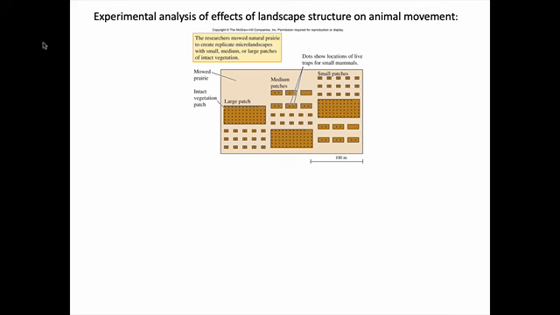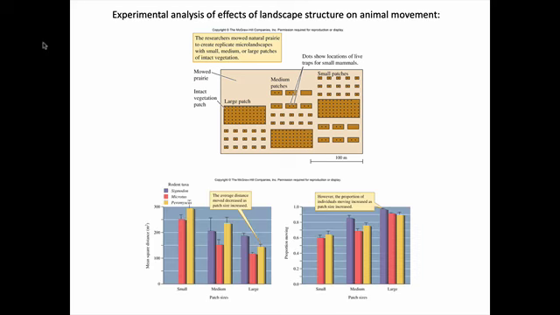Here's a little experiment that a friend of mine did in Colorado, in the grasslands outside of Denver. She put rat traps on a grid in large patches and medium patches and small patches. And then she asked, well, how do the rats move in this environment? And here's how they move in that environment.